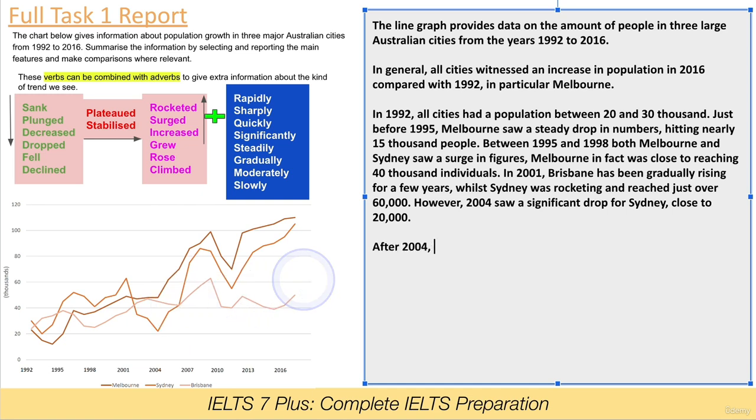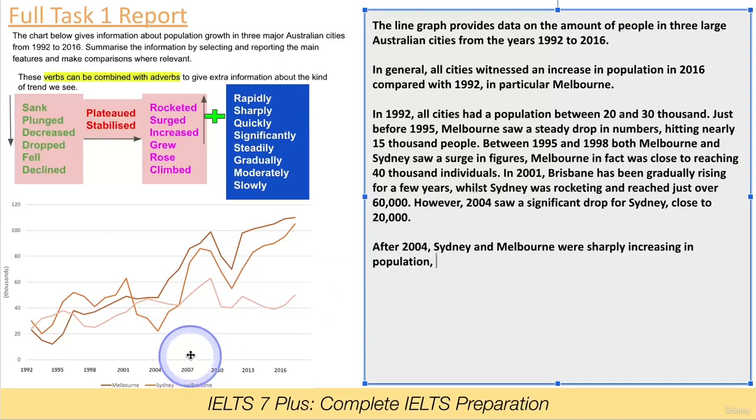After 2004, Sydney and Melbourne were sharply increasing in population.